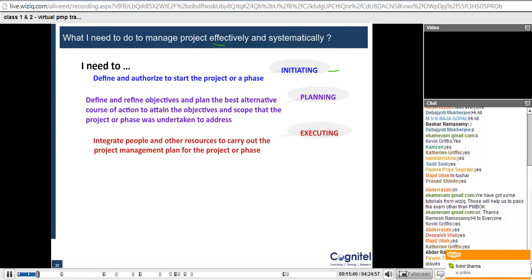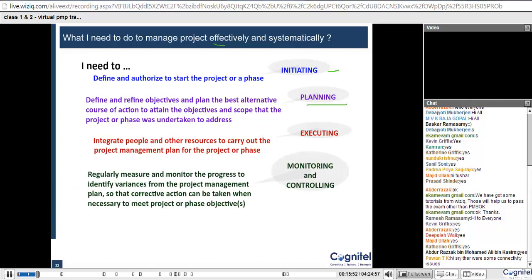Then you need to integrate people and other resources to carry out the project management plan, which was prepared in the planning, which is done through execution. Then, of course, the monitoring and controlling of the progress on the project would help you to identify any issues, any variances, or any corrective actions that you might need to take in order to bring the project back on track. So that's done by the monitoring controlling. And finally, you need to get a formal acceptance of the output of your project in order to successfully close the project, which is done by the closing.